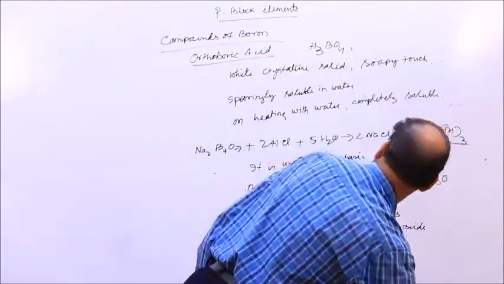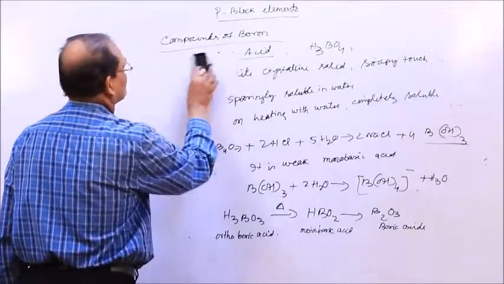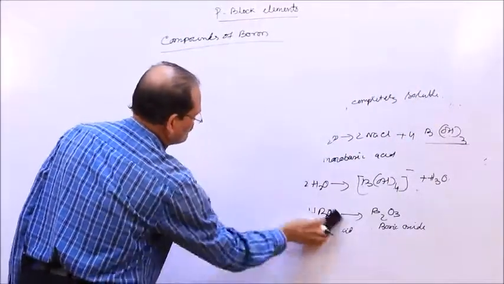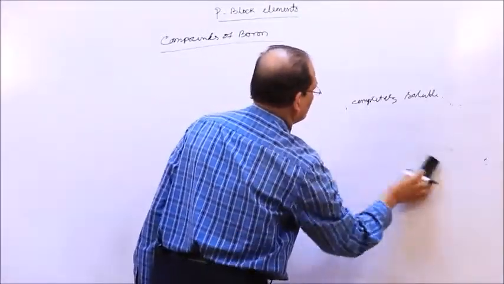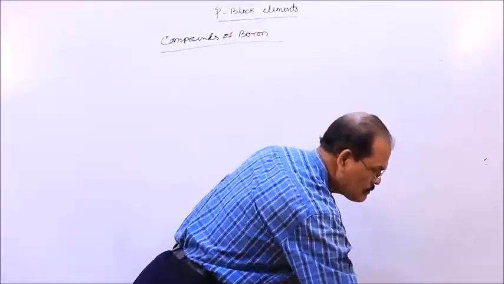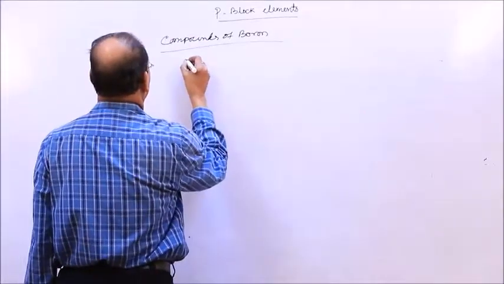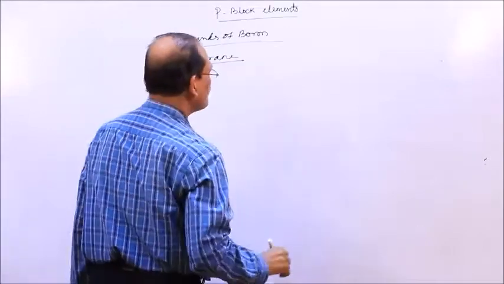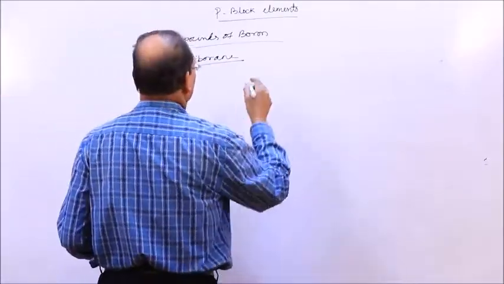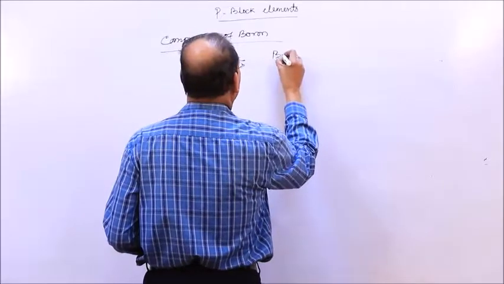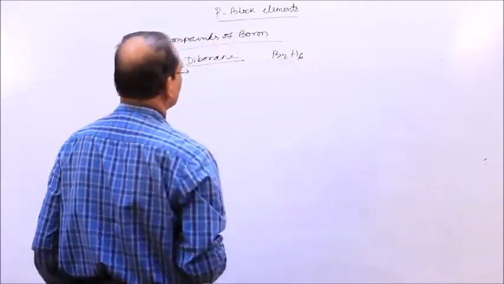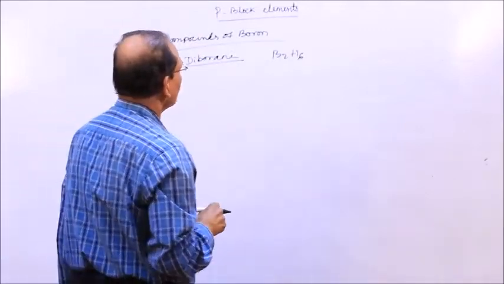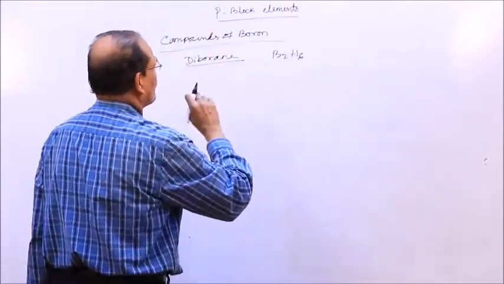Then coming to the next, diborane. The molecular formula is like this, with a structure like the ethane molecule.